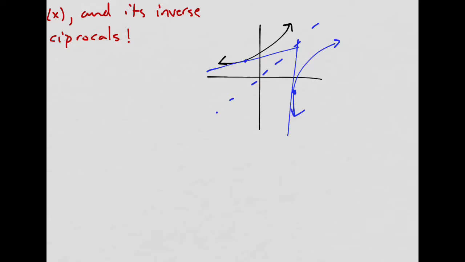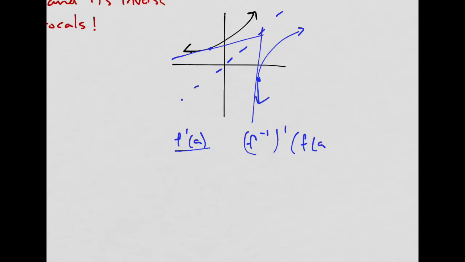That means if I have the derivative, which is the slope at a certain point, like f prime of a, then the inverse's derivative at f of a, f inverse prime of f of a, equals 1 over f prime of a.